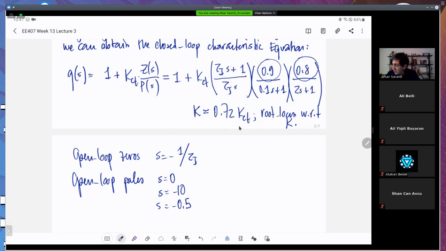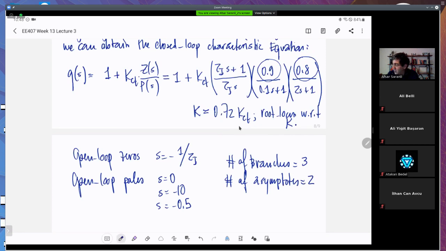Okay, so what is the number of branches? It is the maximum of the number of poles and zeros, so we have 3 branches. What is the number of asymptotes? It is equal to the difference, which is 2.